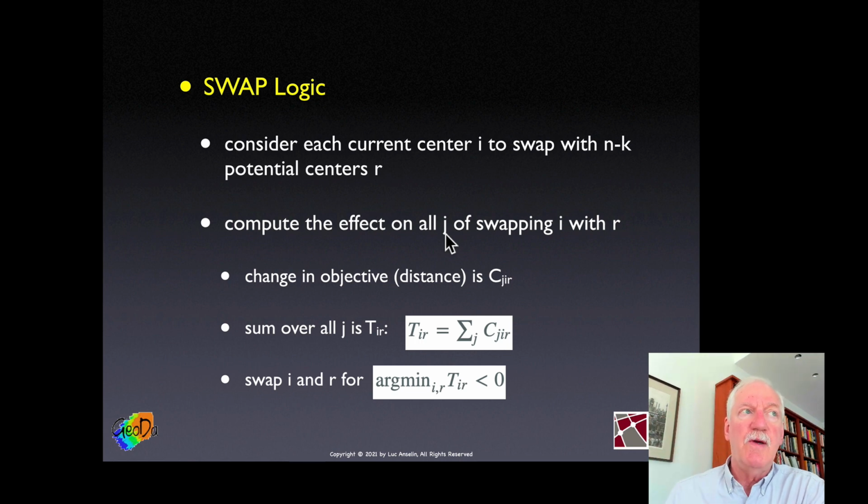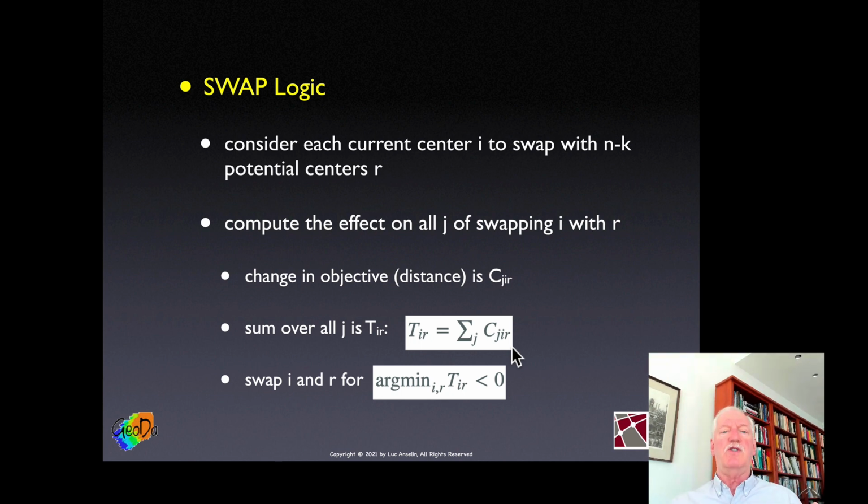The change in the distance is, we call it C, for each point J. J is one of the n minus K points of a swap between the current center I and a potential candidate center R. There's n minus K of these.